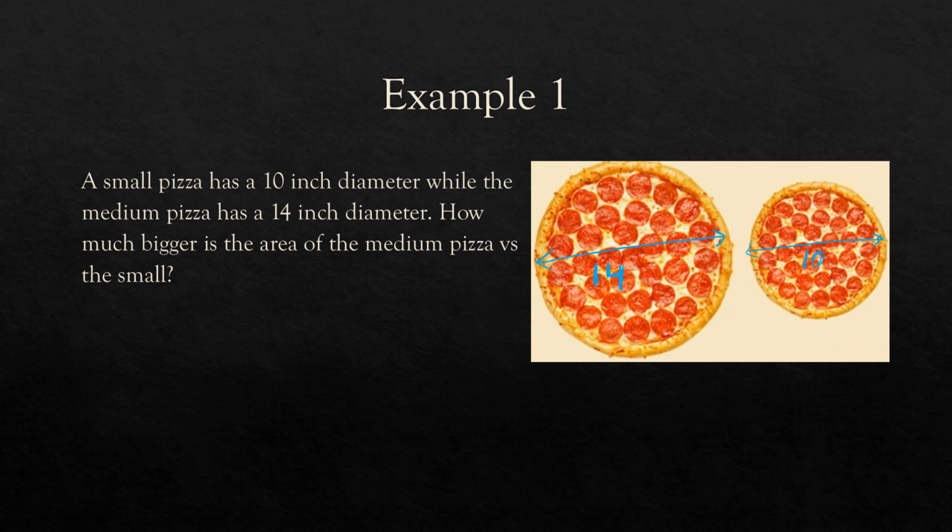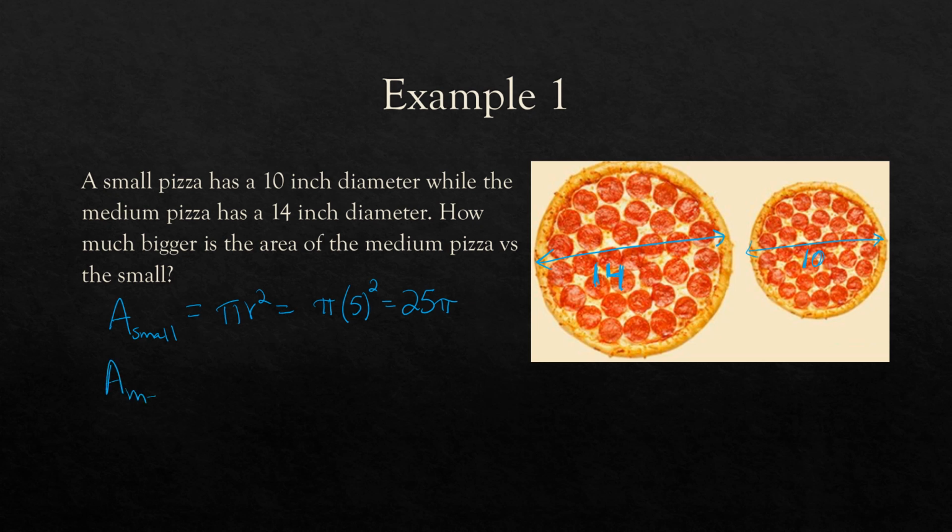How much bigger is the area of the medium pizza versus the area of the small one? So first we have to find the area of the small pizza. It's pi r squared. If our diameter is 10, then our r is 5. 5 squared is 25 times pi. For now, I'm going to leave it in terms of pi.